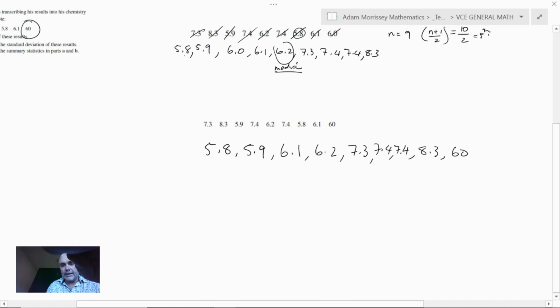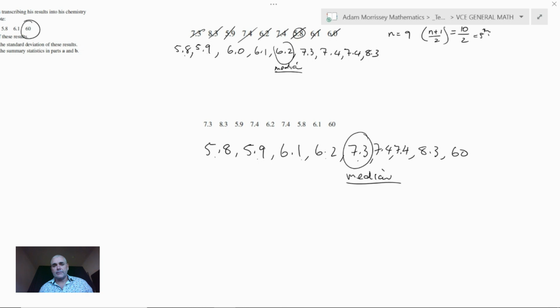Our calculations are the same. We've still got 9 data points here, 3, 6, 9. And the fifth one, 1, 2, 3, 4, 5, is going to be our new median. So the effect on the median was quite small. It's increased by 1.2.